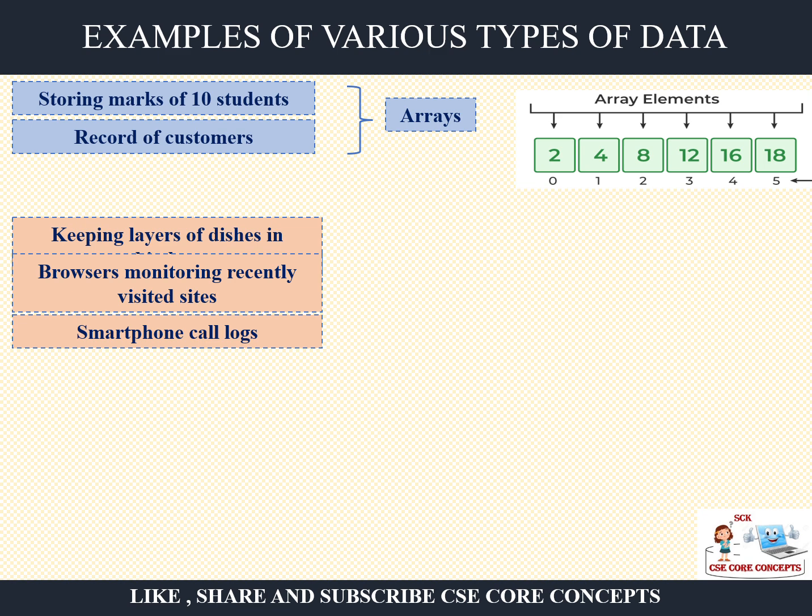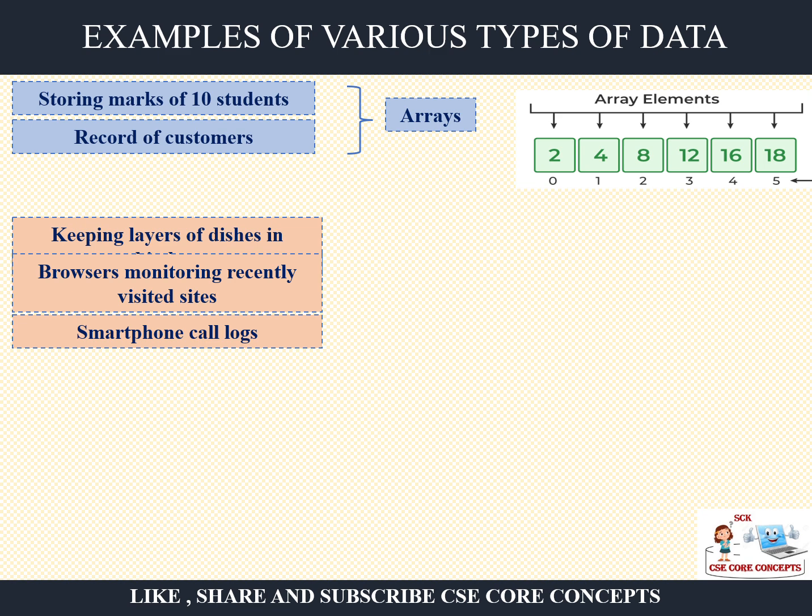Let us say, for example, I want to keep a layer of dishes in our kitchen, or I want to store the list of the sites which I have recently watched in the browser. Or if you look at your smartphone call logs, one after the other, all the call logs are maintained. Now, what is different in this case from your arrays?